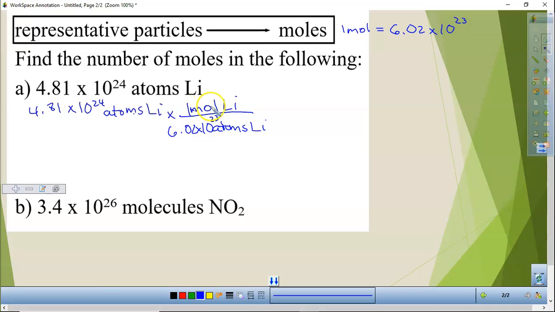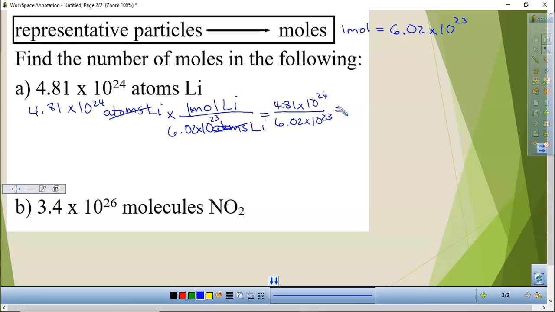So in 1 mole of lithium, there's 6.02 times 10 to the 23rd atoms of lithium. So in this way, we're going to go from atoms to moles. So I can cancel out these units and multiply. I'm going to multiply 4.81 times 10 to the 24th times 1, and then divide by what's in the denominator, Avogadro's number.